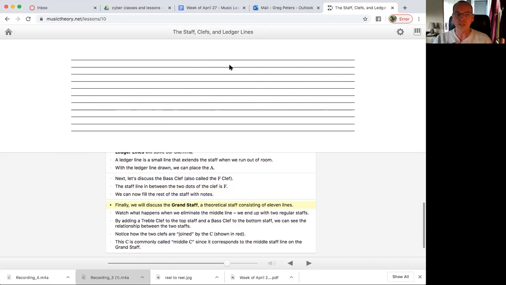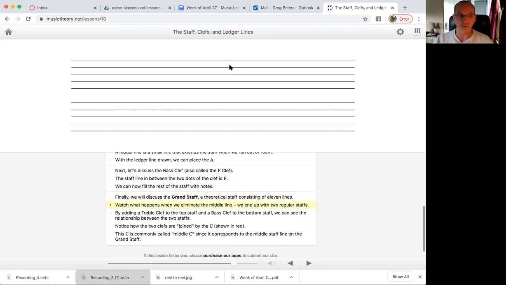But the piano needs to use both bass clef and treble clef on what we call a grand staff. And so what we do is we take two staffs and we put one under the other. So we have a bass clef and a treble clef. In the middle, they've just removed that middle line. And that middle line is what we refer to as middle C.